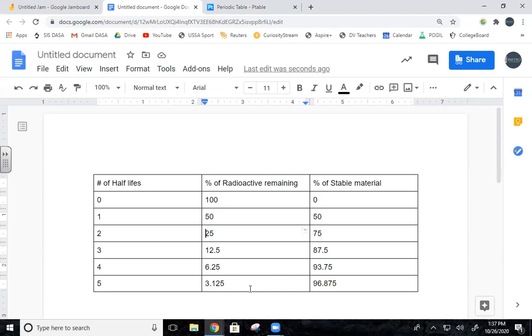Ta-da! All right. This will be extremely helpful for you. If you do not have this in your notes, then you're doing the things wrong. This will be extremely helpful because I don't want you to have to calculate this every single time that we're doing a problem.